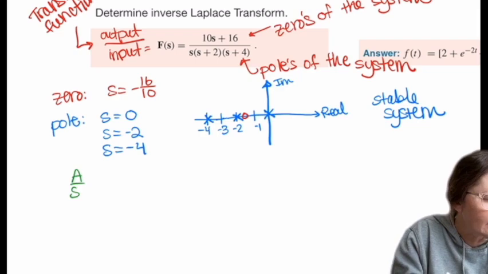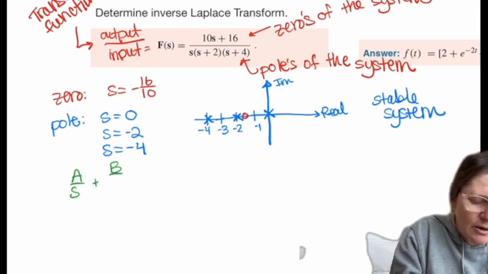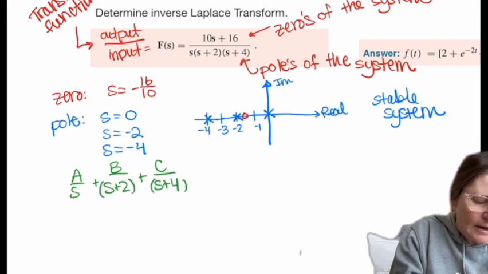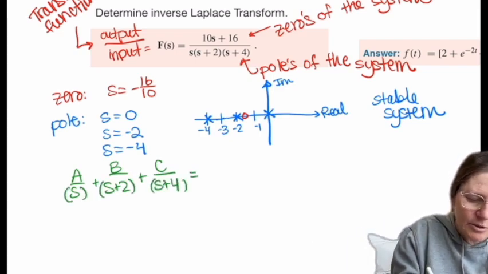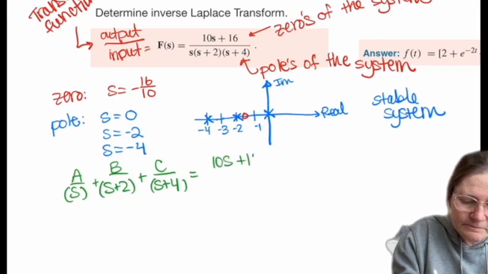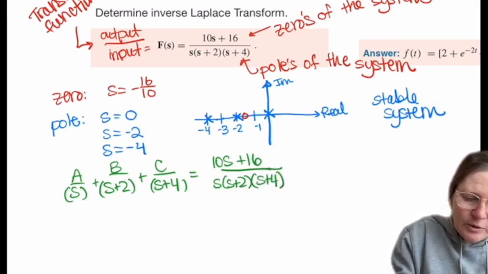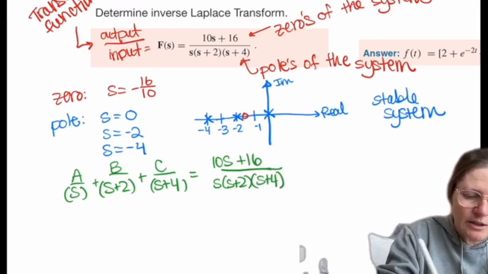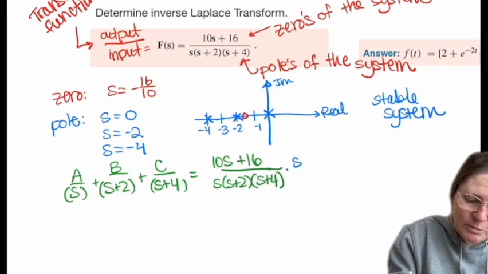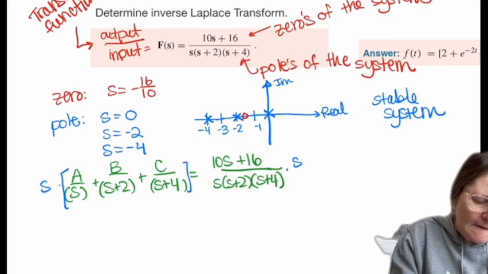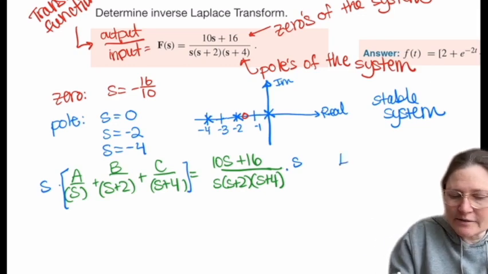So A over s plus B over s plus 2 plus C over s plus 4, and that is going to equal the whole function. The first step is to multiply to get rid of one of them. So I'm going to multiply by s on both sides, and then I'm going to let s equal 0.